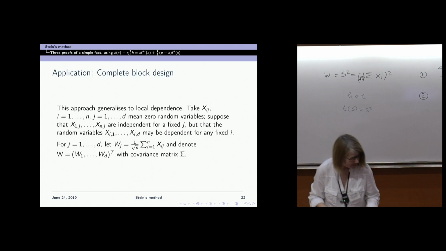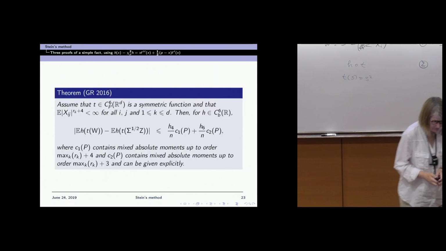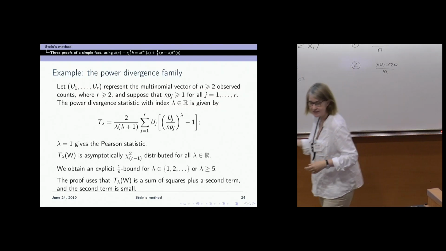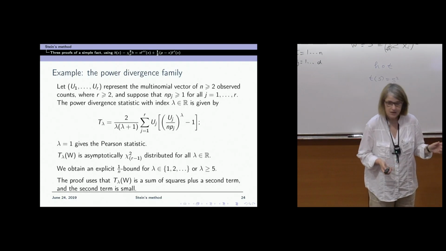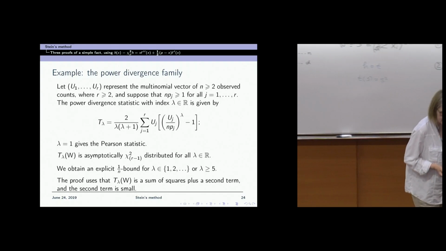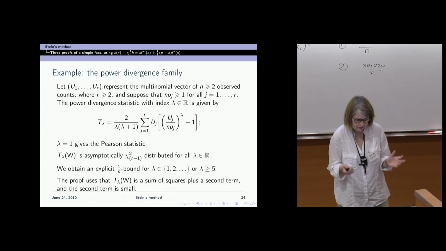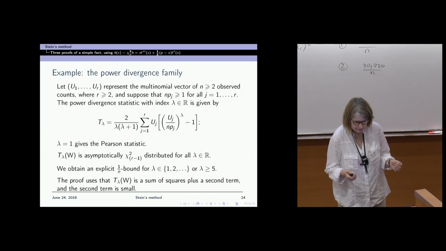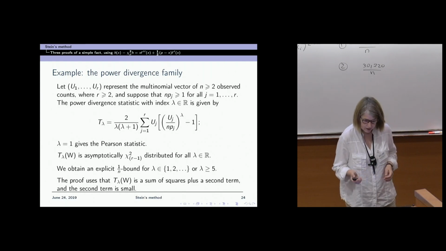So we can do it, and I mean we can treat the Pearson case, but more generally we can treat a power divergence family. Power divergence family is like the Pearson, so we can have the multinomial vector of the observed counts, and assume that every count has expectation at least 1.